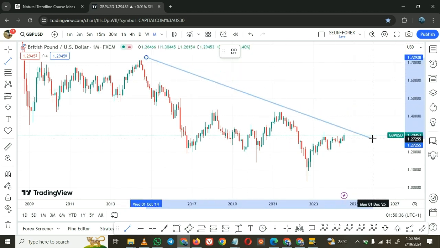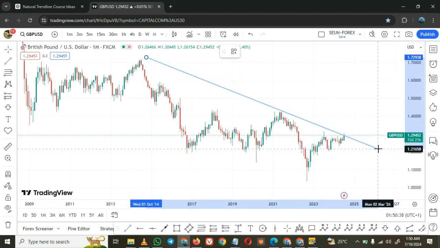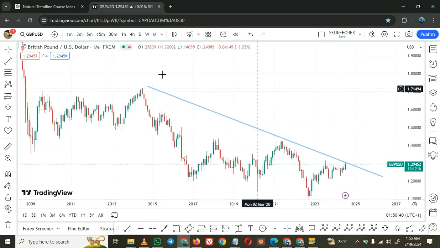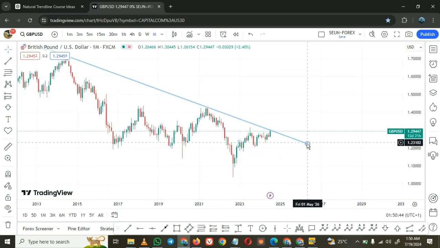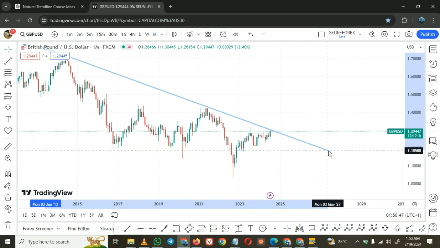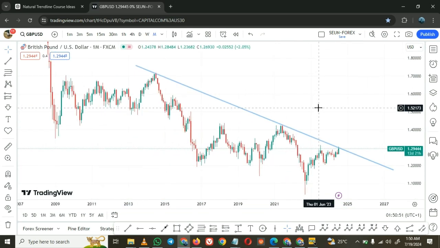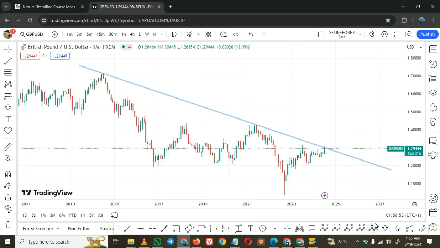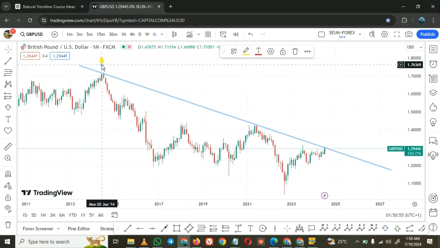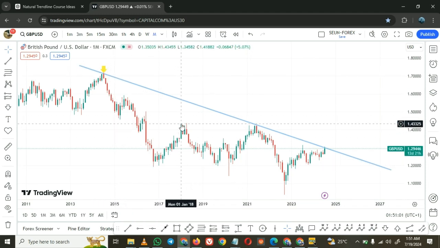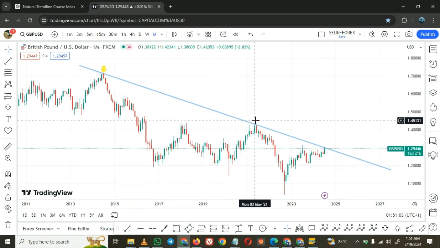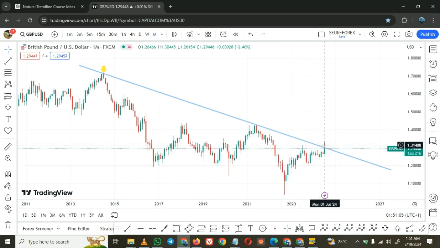You can see now, voila. This is a perfect trend line. From this trend line I'm drawing, this is GBP USD in the monthly time frame, and you can see the market is doing higher high, higher low, higher high, higher low, higher high, higher low, higher high.